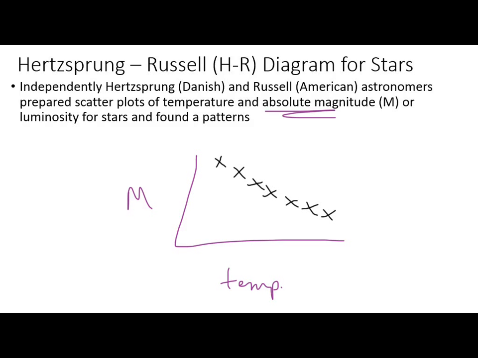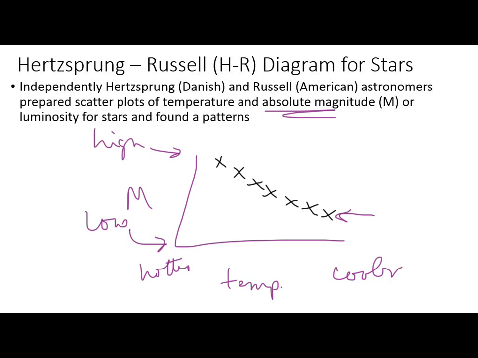They saw that if you go to the cooler temperatures, you ended up with a set of stars that had kind of low brightnesses. And if you go to your hotter stars, you ended up with a set of stars that had high brightnesses.